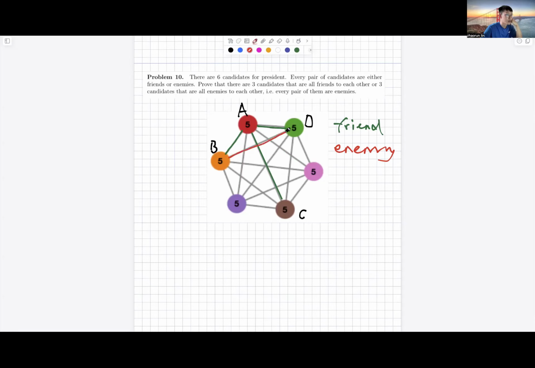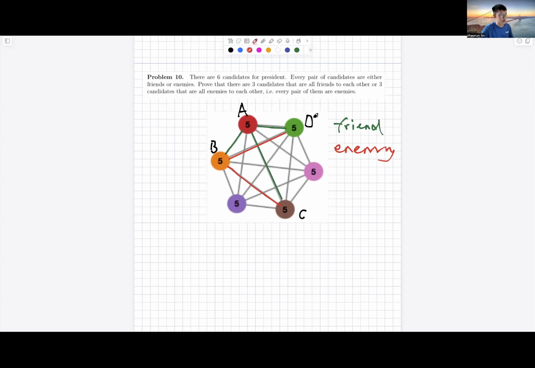We don't want any group of three that is all friends or all enemies. So we cannot put a green here. If we put a green here, A, B, and D are three friends. So we have to put a red here. And consider A, B, and C. It is the same case because AB is already friend and AC is already friend, so BC cannot be friend. So we still have to put a red edge here. So BC should be enemy.